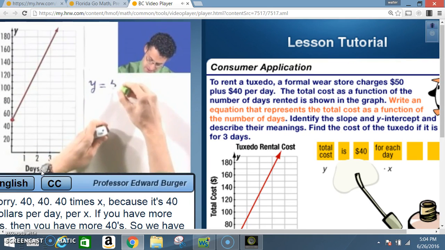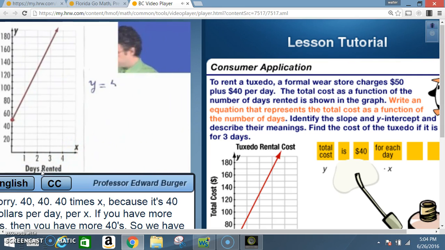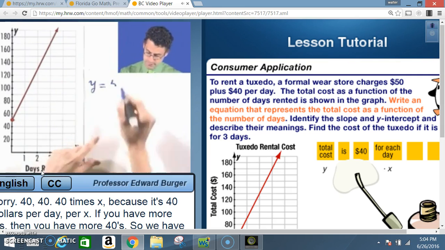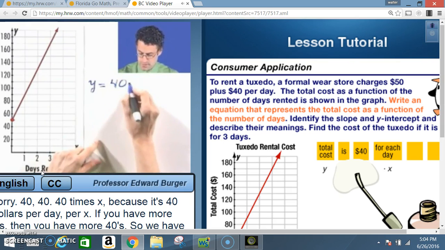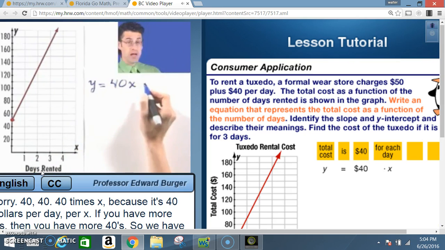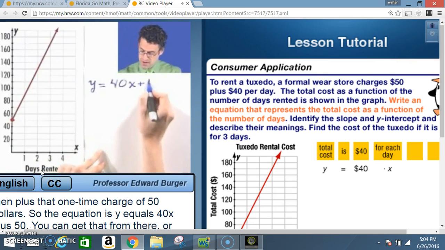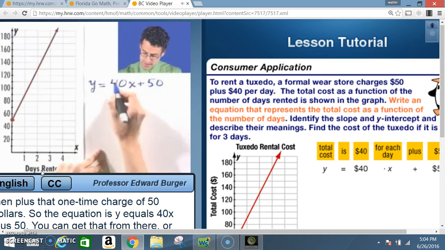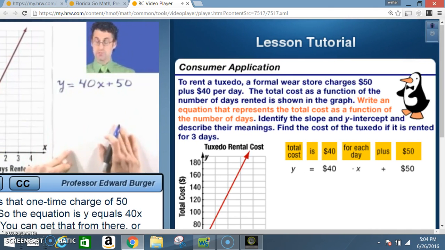You have more x's, then you have more 40s. So we have 40 times x, and then plus that one-time charge of $50. Okay, so the equation is y equals 40x plus 50.